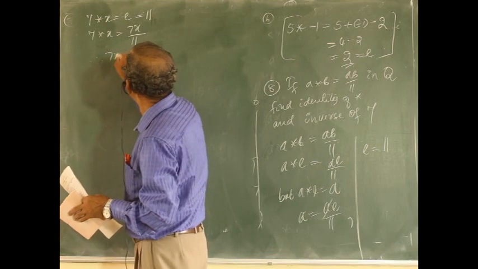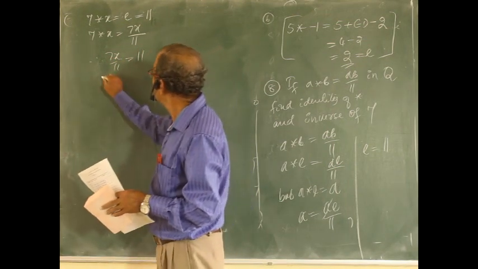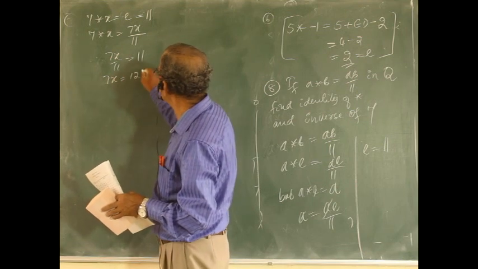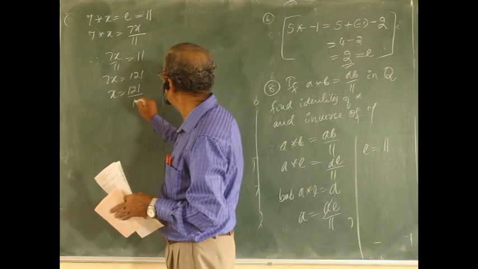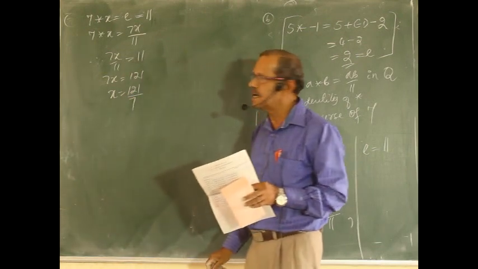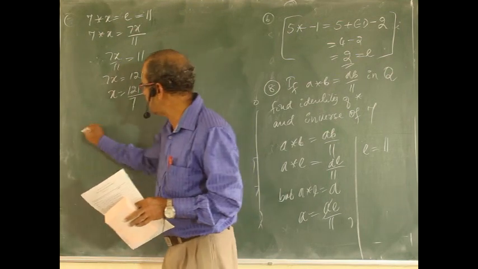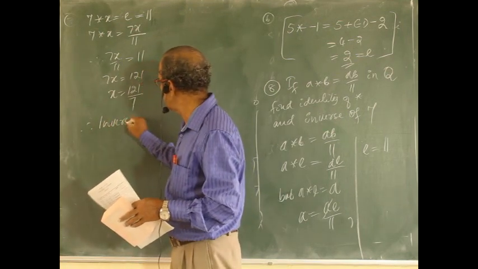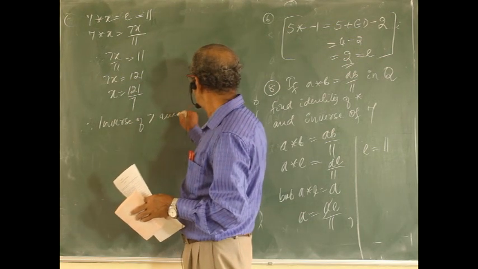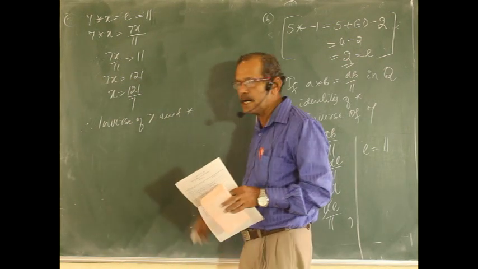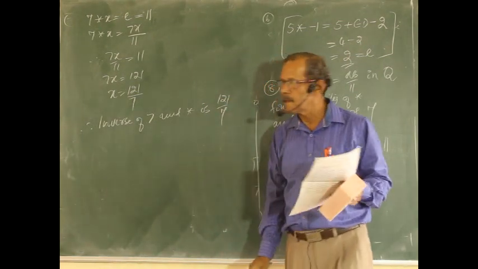Therefore, 7X by 11 should be equal to 11. 7X equal to 121, 11 into 11. X is 121 by 7. This is the inverse of the element 7. Therefore, inverse of 7 under binary operation star is 121 by 7.